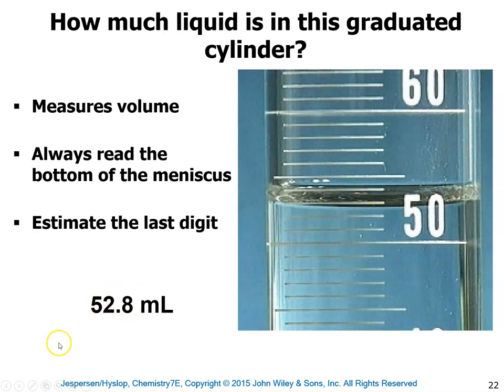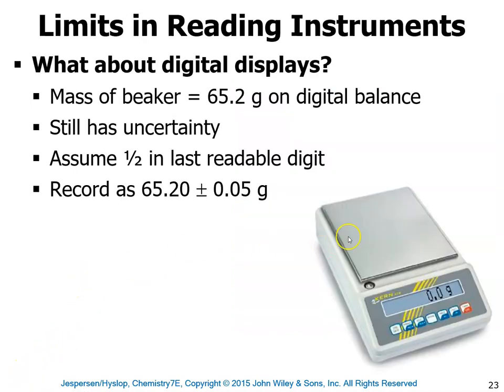I mentioned digital displays a lot of times with balances. We will see that. If we put a beaker on the scale, it might say 65.2 grams, but that last number is still uncertain. So anytime you use a scale, you might have 0.0000.